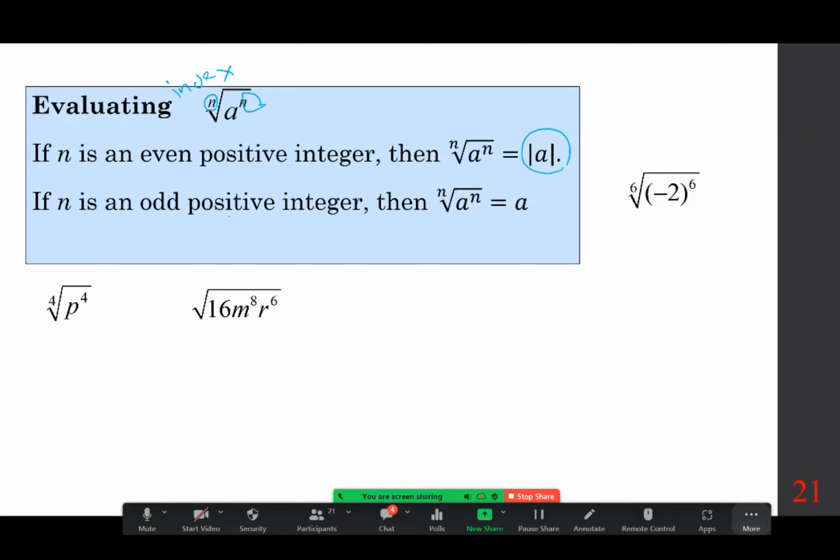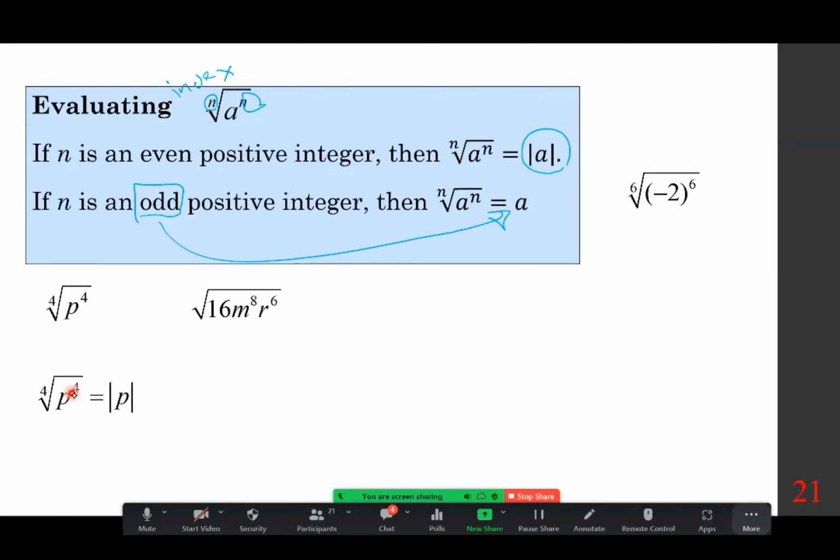If it's odd, you have nothing to worry about. So we want the 4th root of p to the power of 4. That is the absolute value of p, because p could be positive, p could be negative. We don't know anything about that.